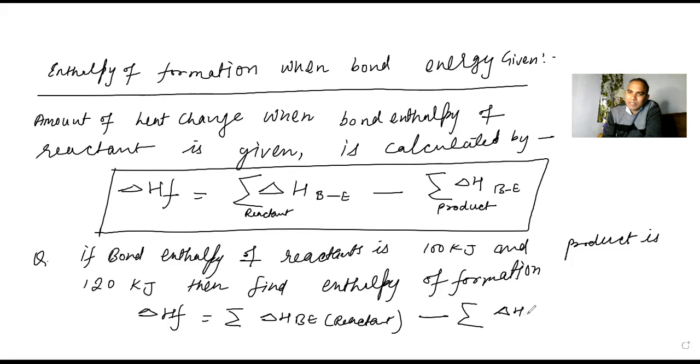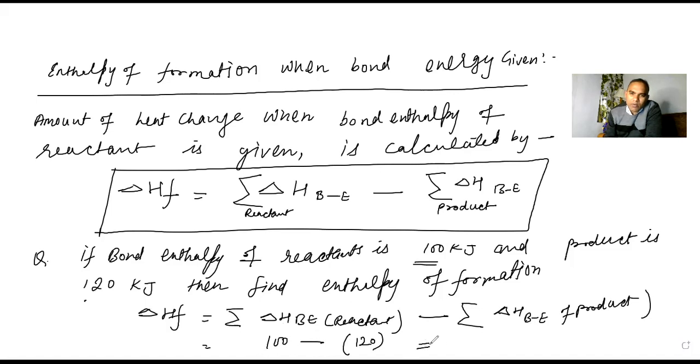Otherwise some students make the mistake of writing product minus reactant, that is incorrect. So the bond energy of reactant is 100 kilojoule, minus bond energy of product, that is 120.